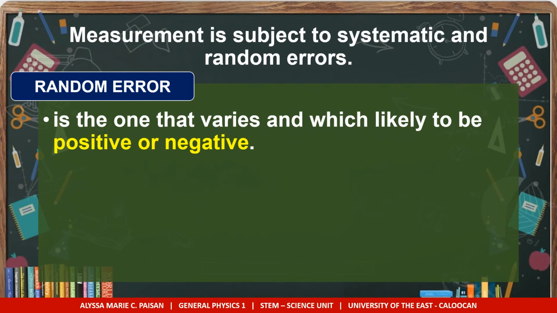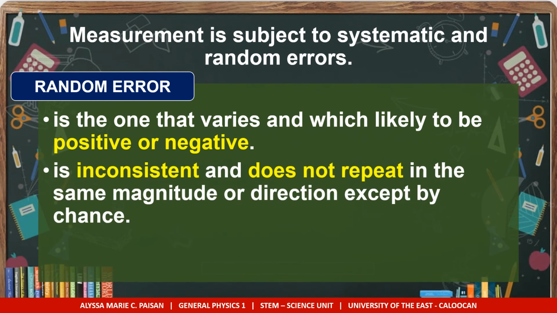You keep repeating measurements, but sometimes it increases and sometimes it decreases. It is random, from the word itself, random error. There is no pattern. It is inconsistent and does not repeat in the same magnitude or direction except by chance.